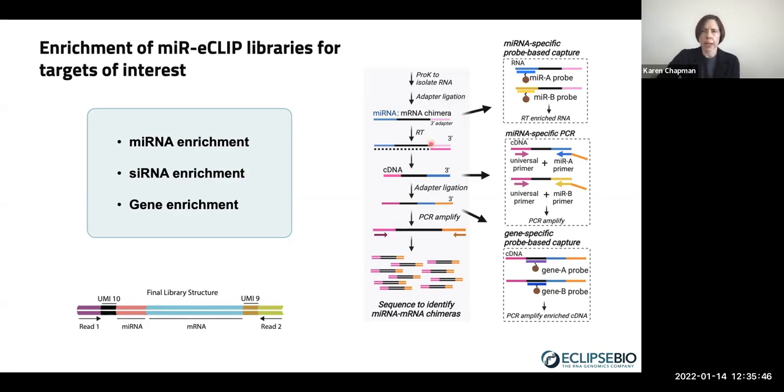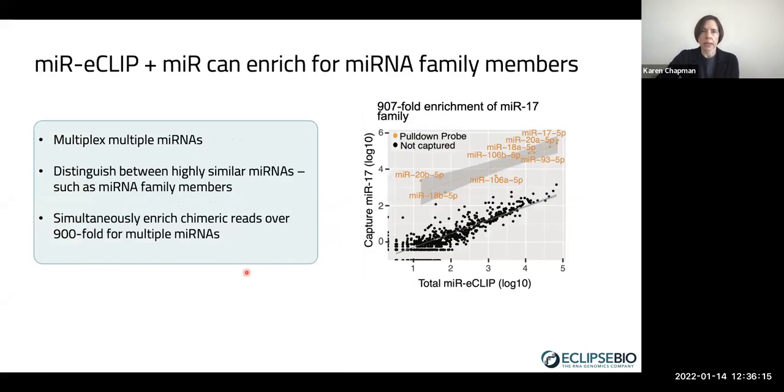These schematics are a little bit complicated, but if I just mention, looking at the structure of the library itself, essentially these enrichment methodologies are done at this level where we're using a probe-based enrichment strategy to enrich for either a particular microRNA of interest based on this chimeric read or a particular mRNA of interest. And again, this yields really deep data.